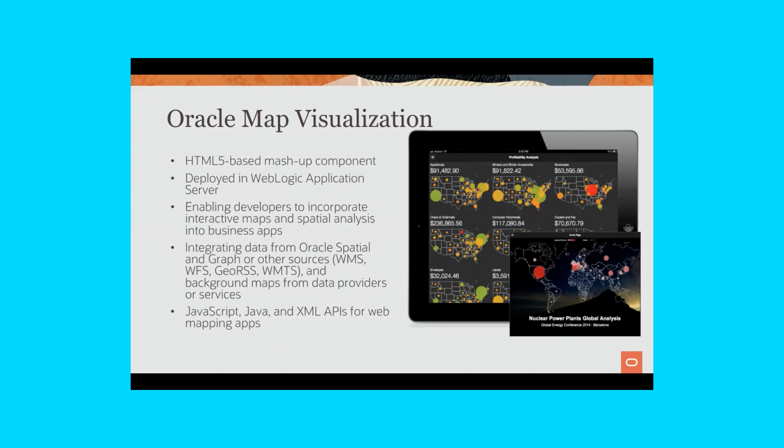As you can see in the picture, we show some examples of complex maps where you can do mashups. And one of the advantages of using this API is if you have spatial data stored in Oracle database, then with a very limited amount of code, you can produce very complex web mapping applications.